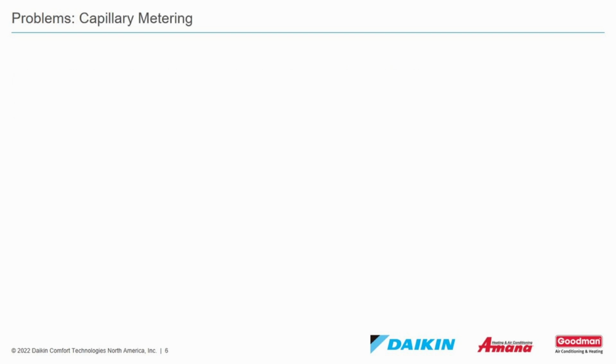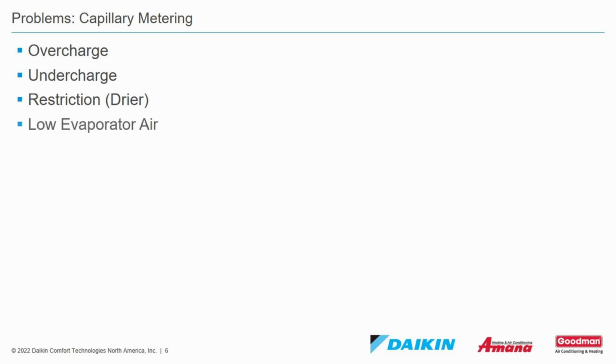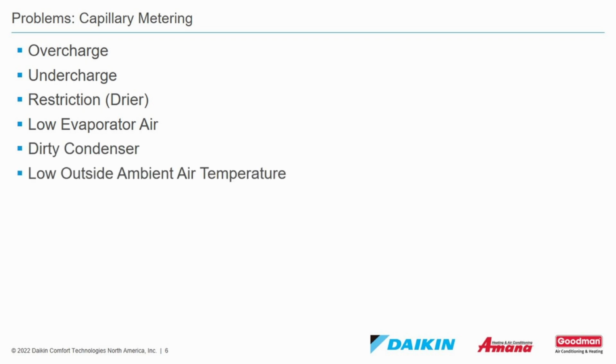Problem possibilities for capillary tube metering: overcharge, undercharge, refrigerant system restriction such as a dryer, low evaporator airflow, dirty condenser, low outside ambient air temperature, and inefficient compressor.